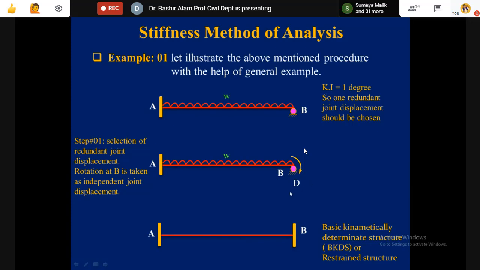Since we have this one joint displacement as unknown, it is D. If you have multiple, then they carry subscripts, like D1, D2, D3, and D4, depending on the coordinates.